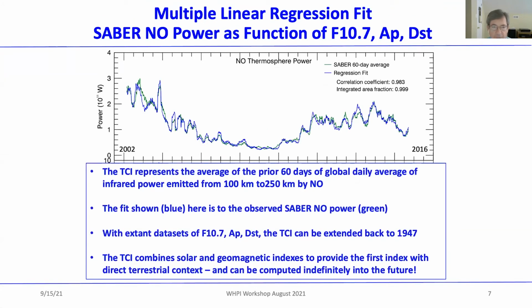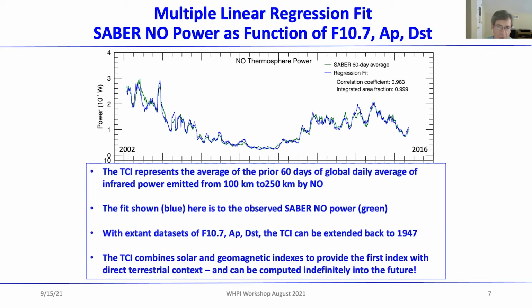In the top frame here, the green curve is the 60-day running average of the actual measured SABER nitric oxide power, and the blue curve is the regression fit with AP, F10.7, and DST. And so we have a really excellent fit to develop a new index, which again we call the Thermosphere Climate Index, from existing solar and geomagnetic indexes.